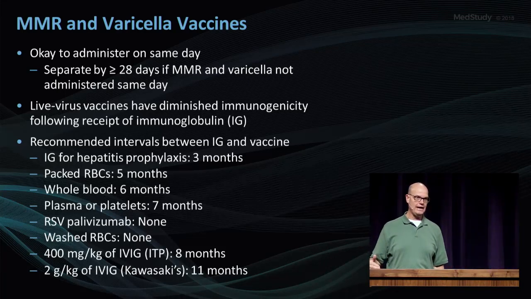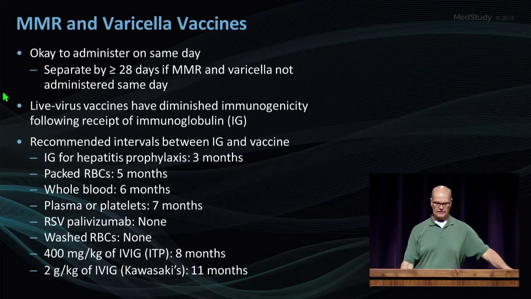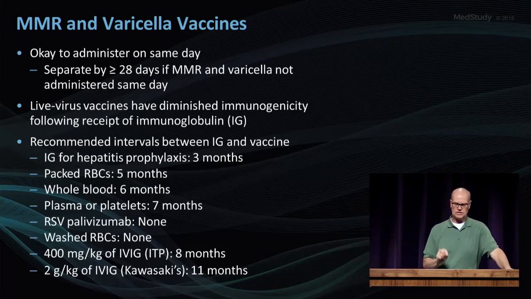How long do you have to wait to give a live vaccine? I doubt very much that you'll be asked, you have to wait 3 months for this, 6 months for this, 7 months for that. You won't be asked that. But you will be asked which particular vaccines you have to delay in a child treated with IVIG for ITP or Kawasaki's or anything like that. And these are the vaccines.